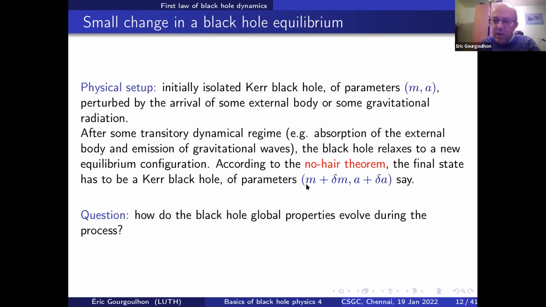But the parameters will have changed in the process: the mass will have changed by an amount delta m, and the spin parameter by an amount delta a. So the question is, how can we relate these changes? And the answer is yes, and this relation will give us the first law of black hole dynamics.